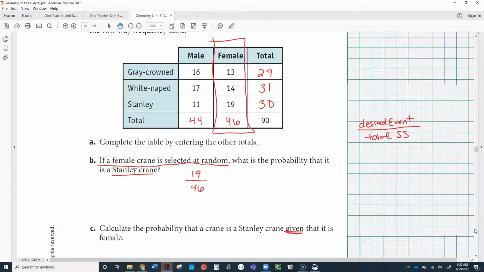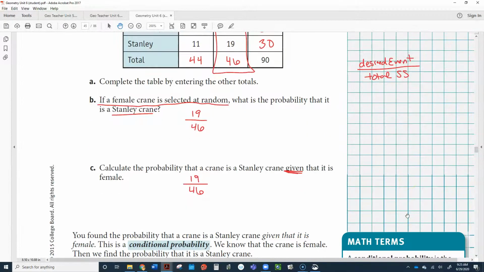And they're going to use both terminologies throughout this lesson. We're looking for a Stanley crane, and we know that it's a female, so our total sample space is just the female cranes. So those are the same answers.